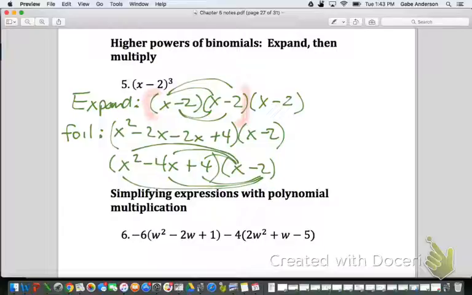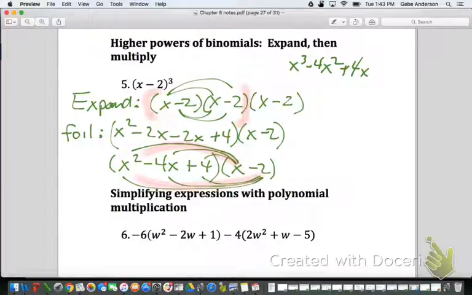So when I do that, I'm going to do these first. So it's going to be x times x squared, which is x cubed. x times negative 4x, which is minus 4x squared. And x times 4, which is plus 4x. Next, I'm going to distribute the negative 2. So I'll do this series of distributive property.